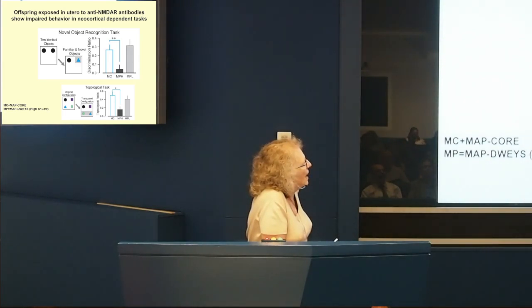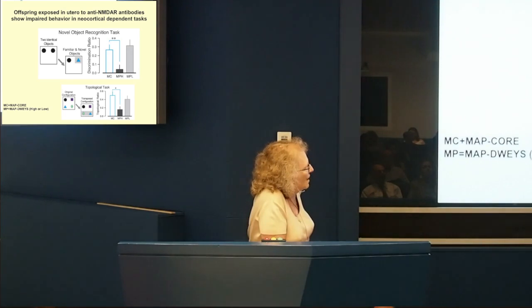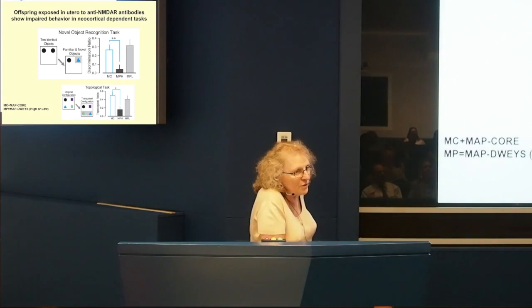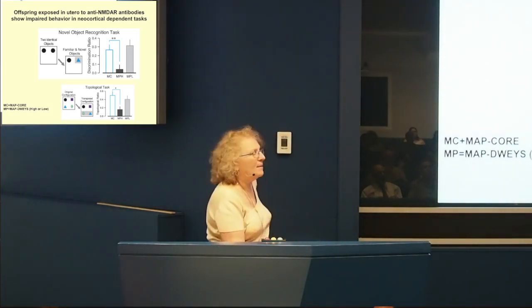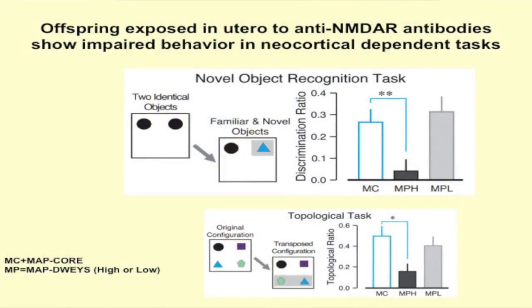So if you put a mouse in an environment with two similar objects, you take the mouse out and return it to the environment, but you've now substituted one of the objects. Most mice will spend most of their time exploring the novel object, but the mice that were exposed in utero to high titers of this anti-NMDA receptor antibody do not.